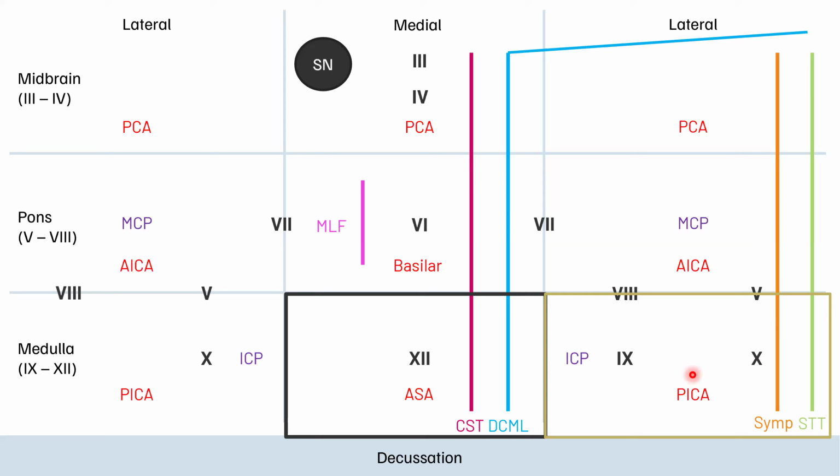However, when I start to talk about tracts that are within the spinal cord, then I start talking about the contralateral body rather than the face. So although the trigeminal and the spinothalamic tract are both sensory, this one is to the face, the head and neck region, and this one is to the body. So I would have loss of sensation of the ipsilateral side of the face, and loss of sensation on the contralateral half of the body, particularly pain and temperature.